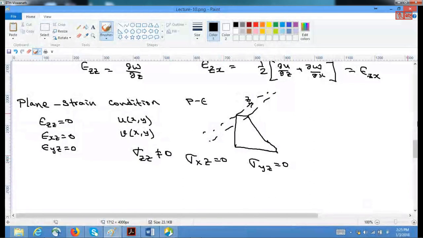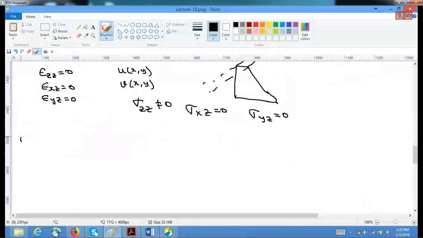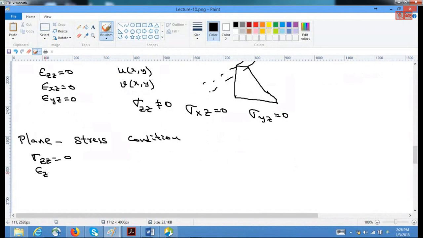Similarly, if I take the plane stress condition, in this your sigma ZZ is equal to 0, sigma xz is equal to 0, sigma yz is equal to 0. Your u is a function of x comma y, and v is a function of x comma y, and w is not existent.